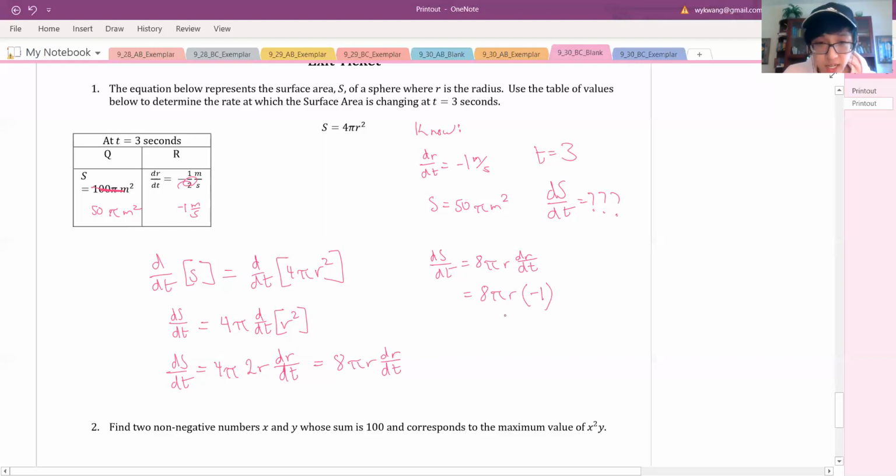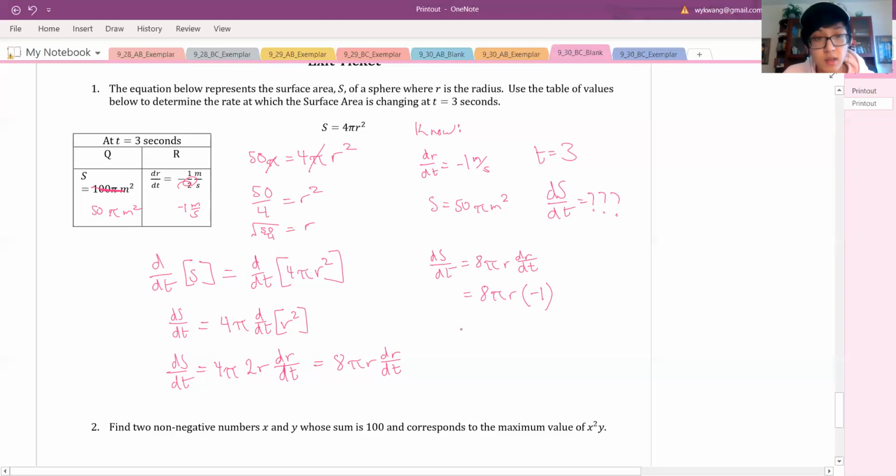So it seems like we're stuck, but let's just think about it. We want to find r. We're given S. So, oh wait, I could just plug that into here. So if I plug S in, I'm going to have 50 pi is equal to 4 pi r squared. So then I'm going to cancel out the pi's on both sides, divide by 4 from both sides. So it's going to be 50 over 4 is equal to r squared. So r is going to be equal to the square root of 50 over 4, right?